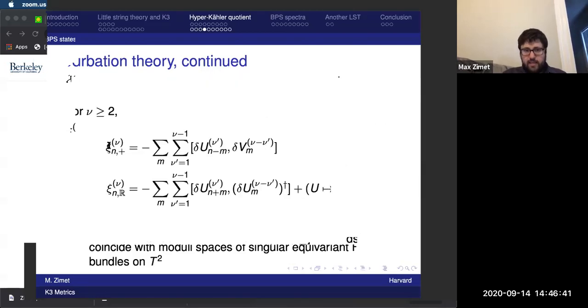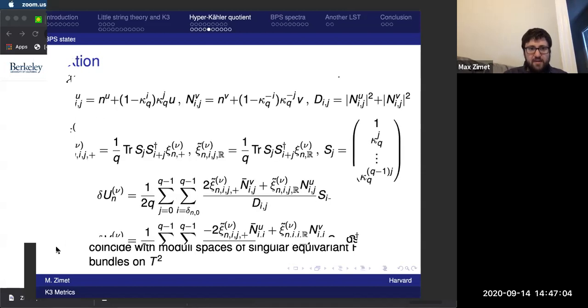So very explicitly, for ν equals 1, those constants are just the FI parameters that we started with. I called them eta over there, but you rearrange them in certain linear combinations to change notation, and then you get x's. And then for ν greater than 1, you just construct those effective FI parameters from the lower order terms that you've already found.